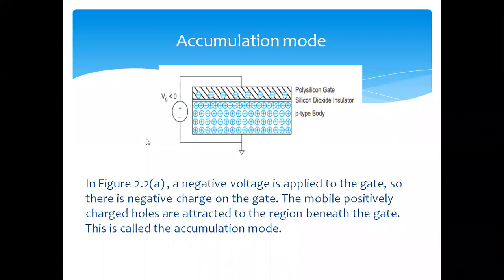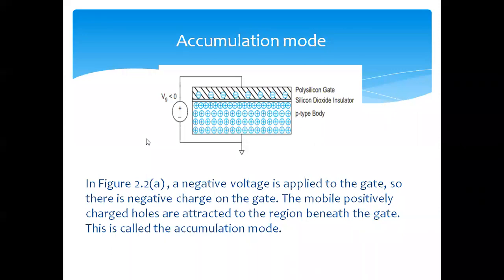So in between, one plate becomes positive, and obviously it will attract the electrons from the other plate, which forms the conduction, or forms the channel. So you can correlate this MOS structure easily with two parallel plate capacitance, for your simplicity of understanding. Okay, so what happens in this accumulation mode?